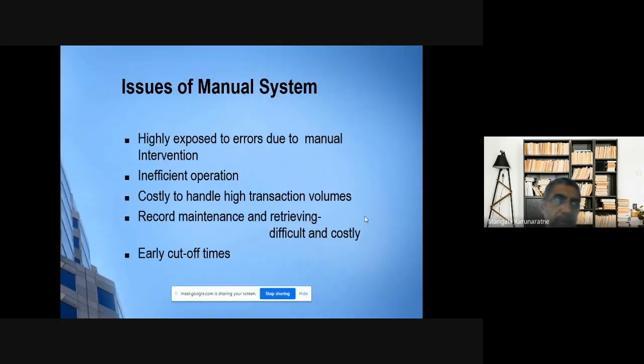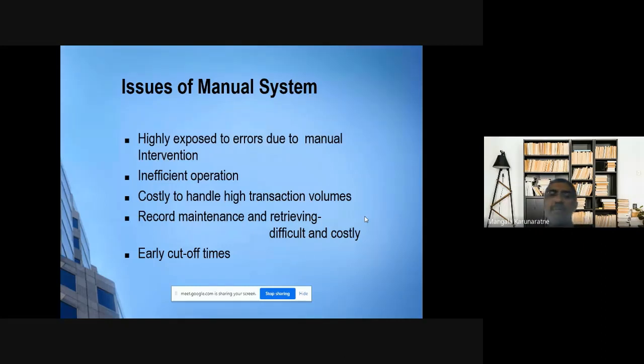This actually was a reason for inefficient settlement system. This was because so many things were handled manually, and there was a limit for the manual volumes, right? Prior to RTGS, this was the situation, and we will go through them one by one. When we understand this, we know what the benefit of RTGS is.